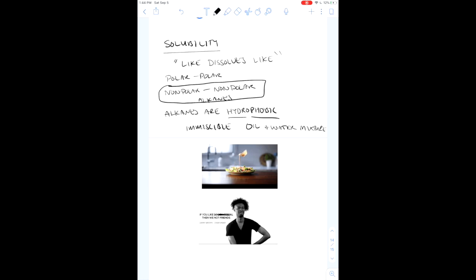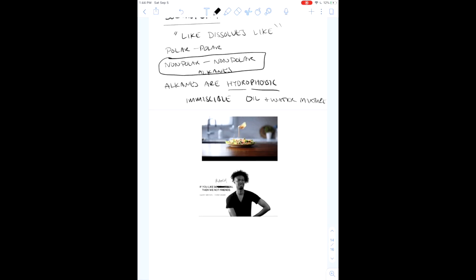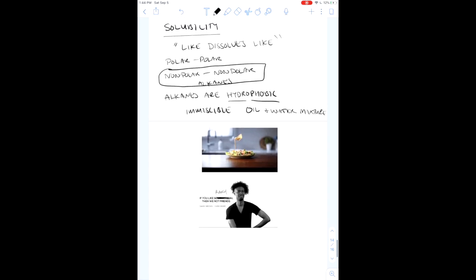If you like soggy cereal, then we ain't friends. Then I would cross that out because I actually like soggy cereal. Put honey bunches of oats in milk for a hot minute and gobble that right up. Yes, thank you. You can take bigger bites. It's really good. But I would insert ranch here. Come on now. It's just frustrating trying to serve 8,000 ramekins of ranch to people when you got other people to deal with. Anyway, I'm sorry, that was a little slight tangent, but I don't even know what we were talking about. We were talking about solubility.